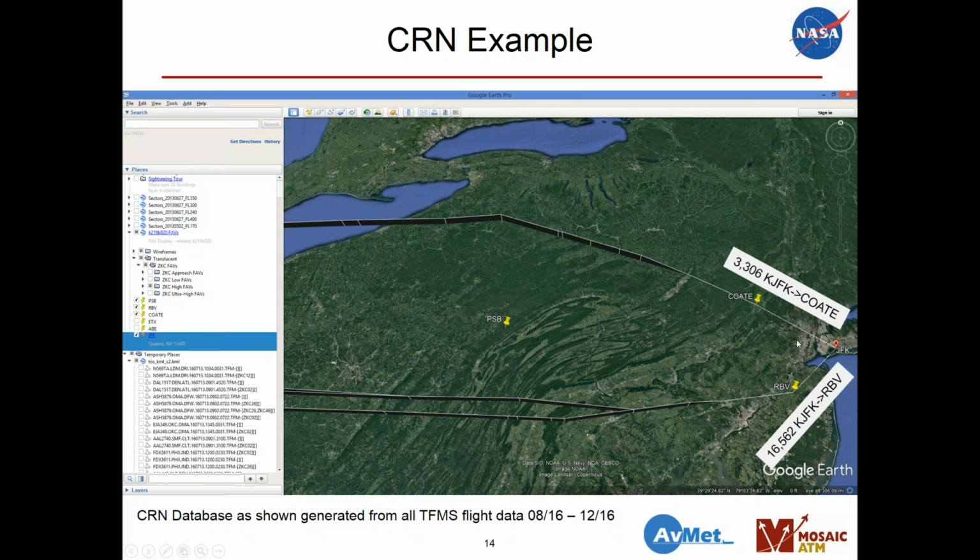So those segments, and then each of these other segments following on each of these routes, are identified as routes that have significant frequency of use. And so we automatically detect through the generation of the CRN that they're available for reuse.